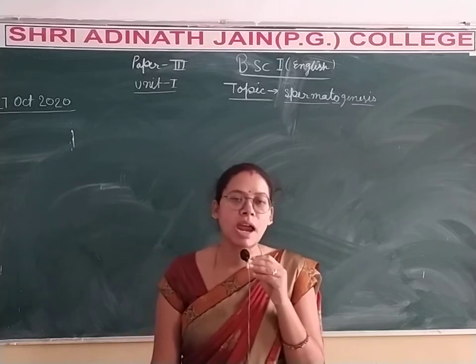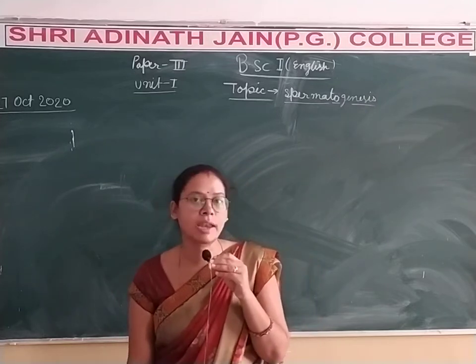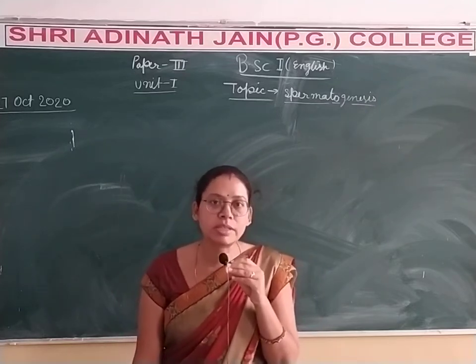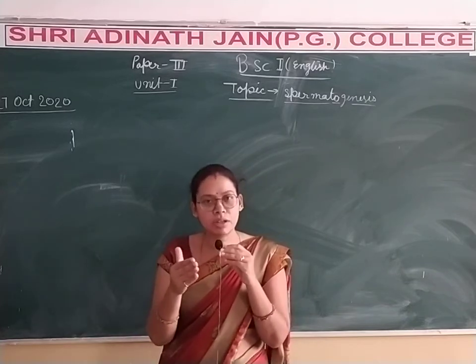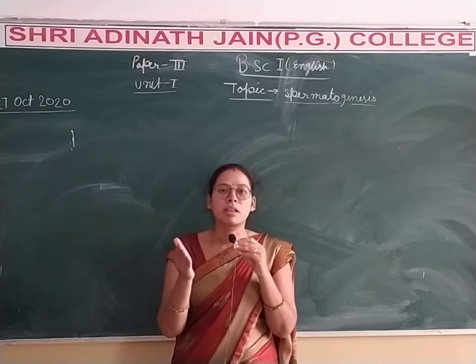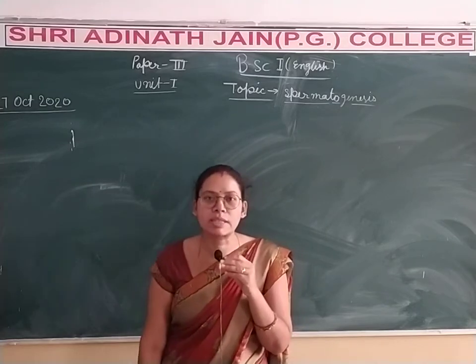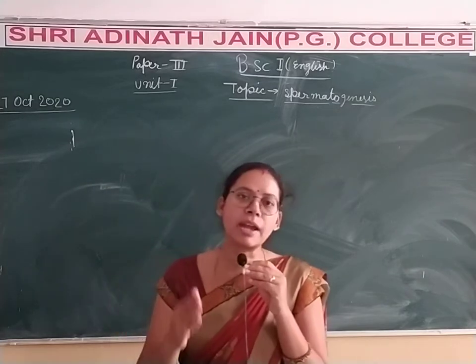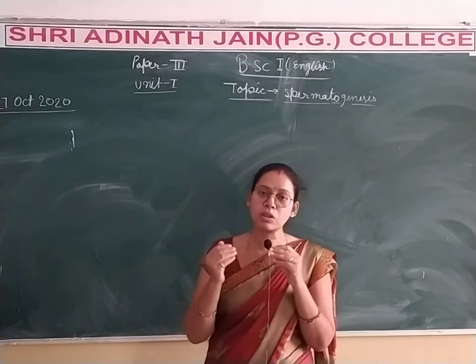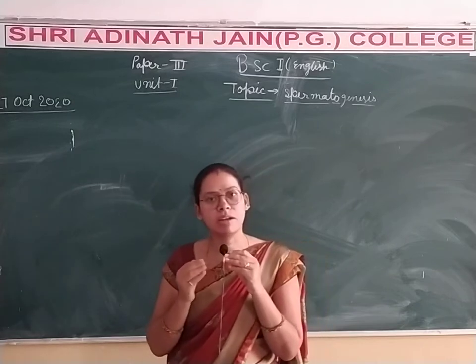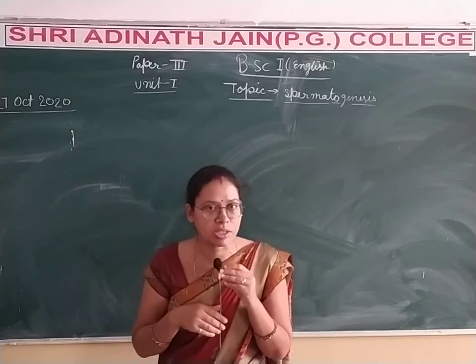It means we started gametogenesis, which is divided into male and female. In the male, this process is known as spermatogenesis, and in the female, it is known as oogenesis. So we are studying spermatogenesis.